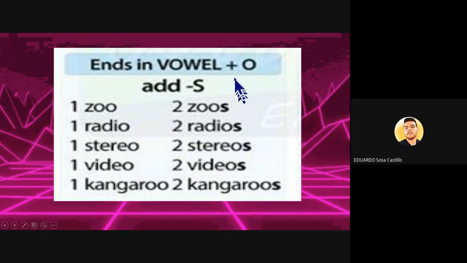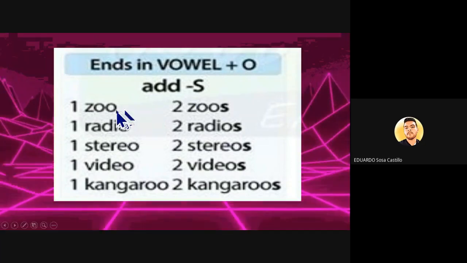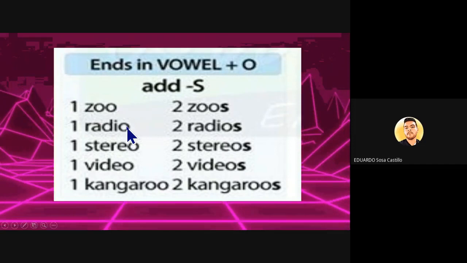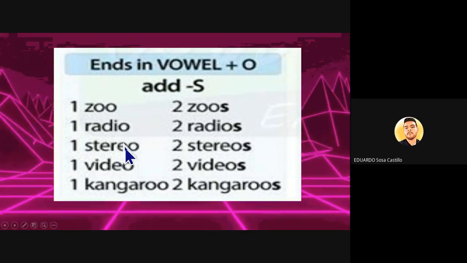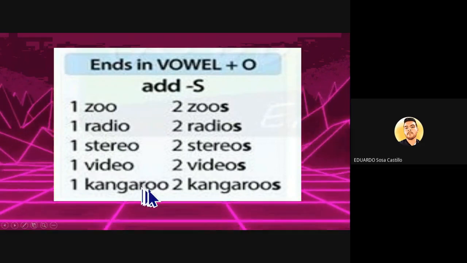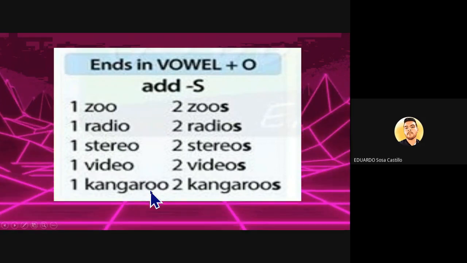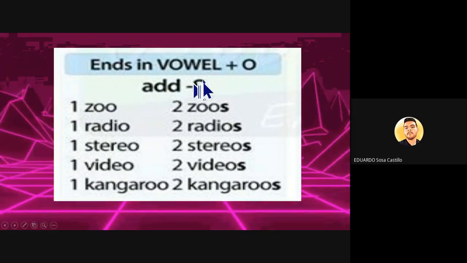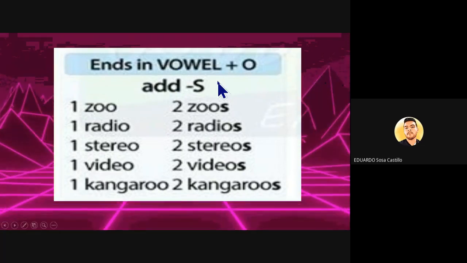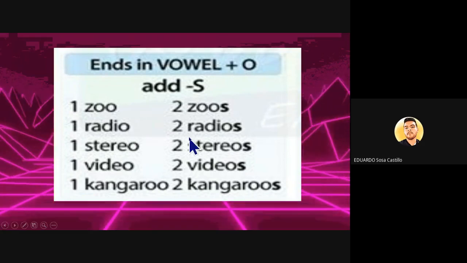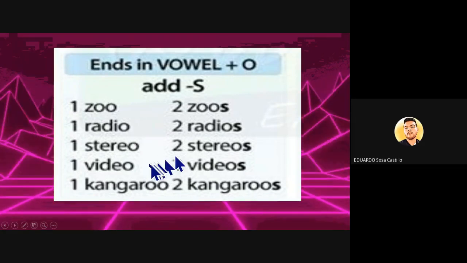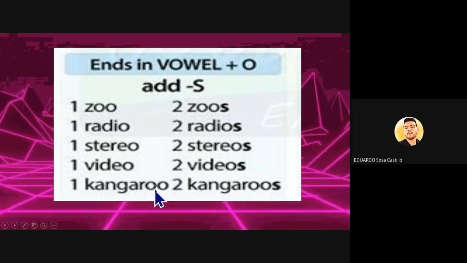When we have a word that ends with letter O and before we have a vowel, like another O or an I, an E or an A or whatever it is, we just have to add letter S, like here: zoo, zoos, radio, radios, stereo, stereos, video, videos, kangaroo, kangaroos.